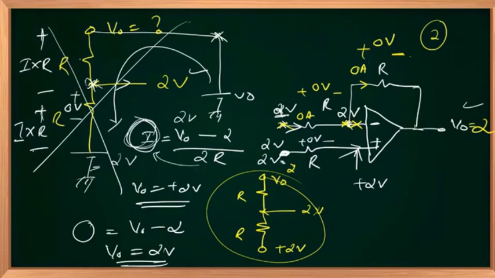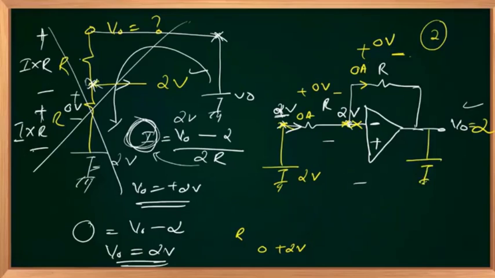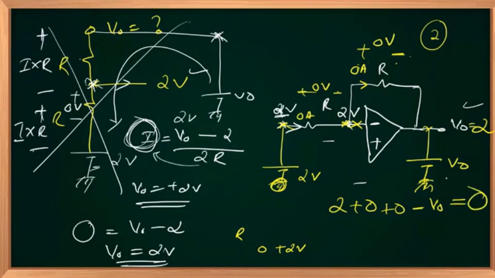So as far as this circuit is concerned, I have 2 volts here with respect to ground. So this is nothing but like this, 2 volts. And the output I have to identify. This is the ground. I am moving from ground, negative to positive, plus 2. And this is 0, 0. This is 0, 0. I have reached here. To ground I have to reach, so minus V out equal to 0.